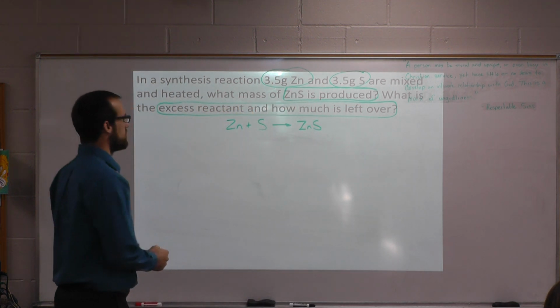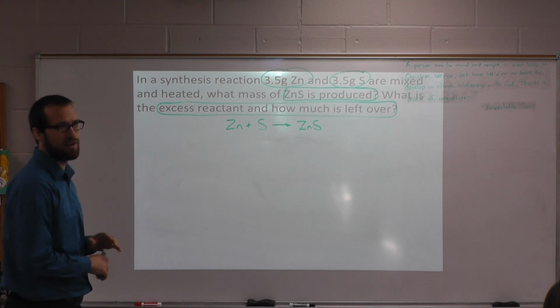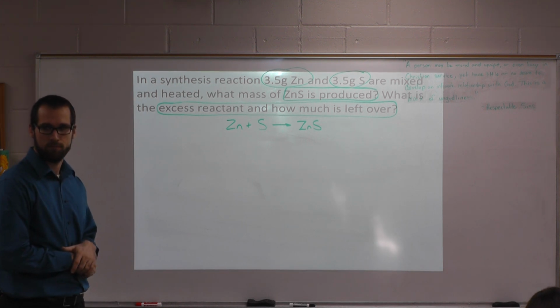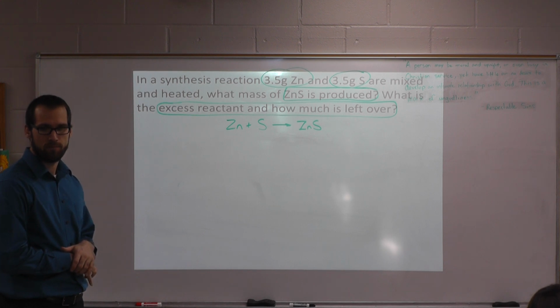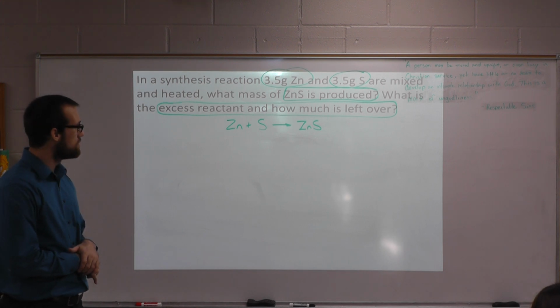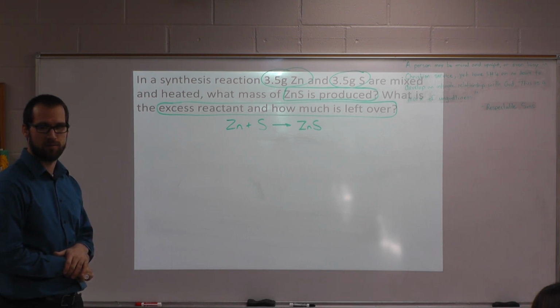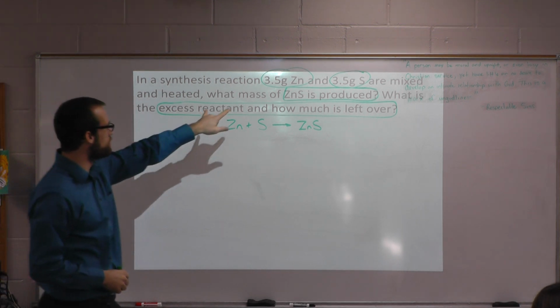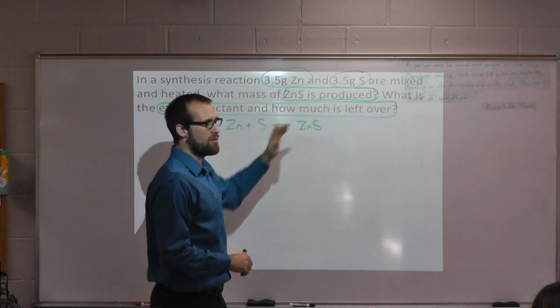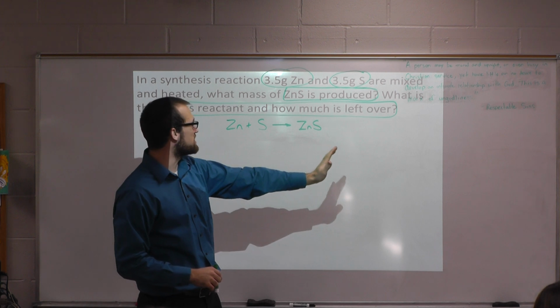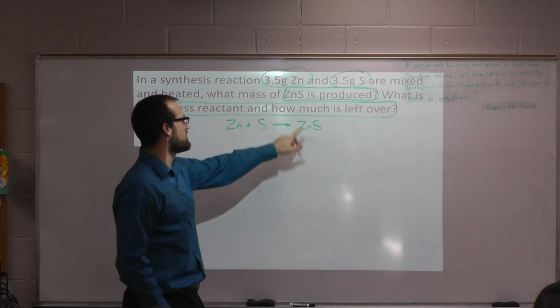So what did we say we do when trying to find the limiting reactant? What did we do in the previous problem? We took both of our reactant masses and we solved for a product, correct? Yes, there is a specific product it wants.